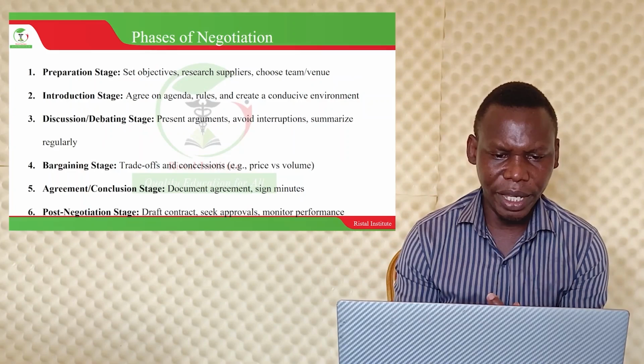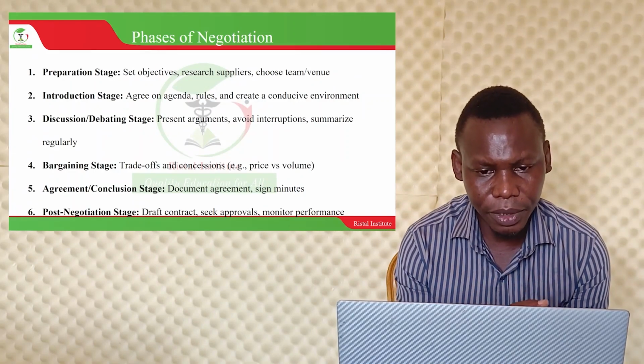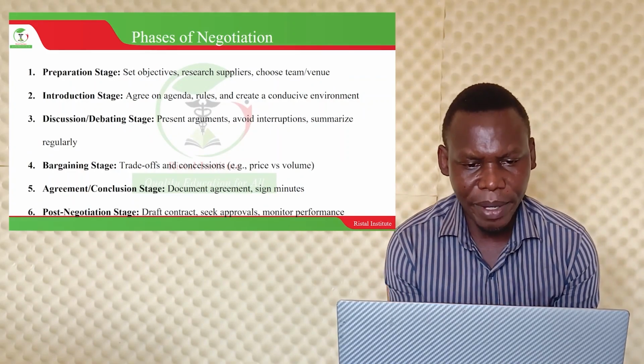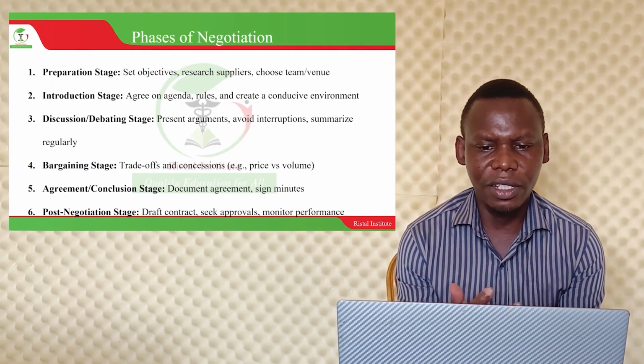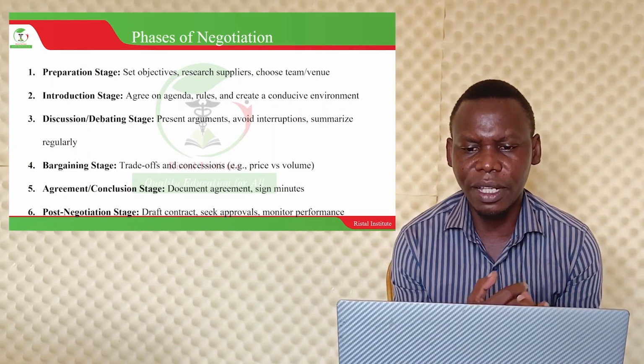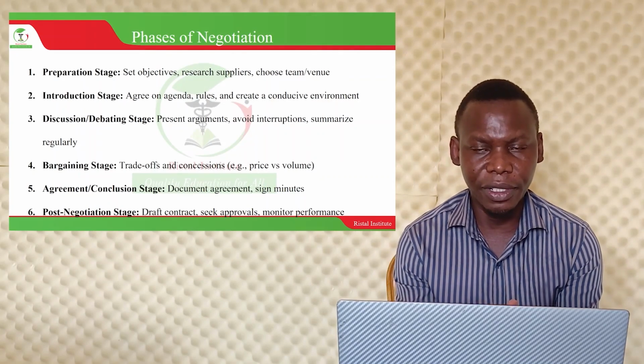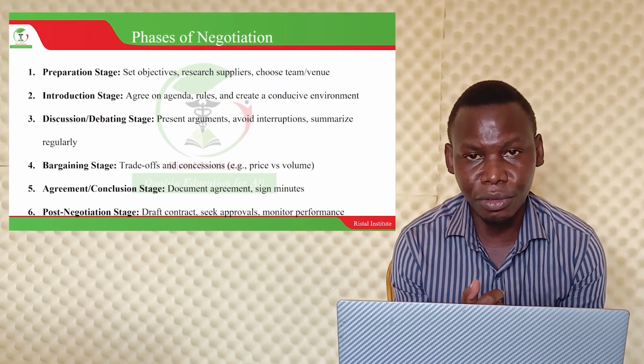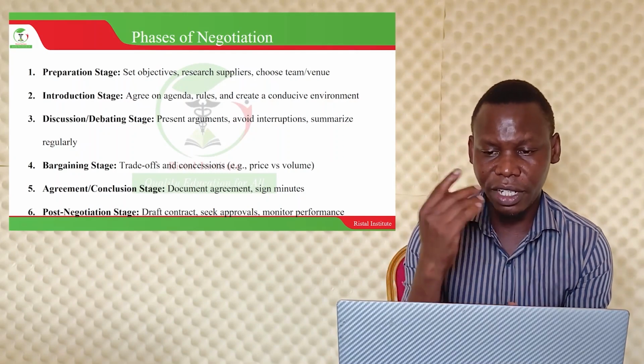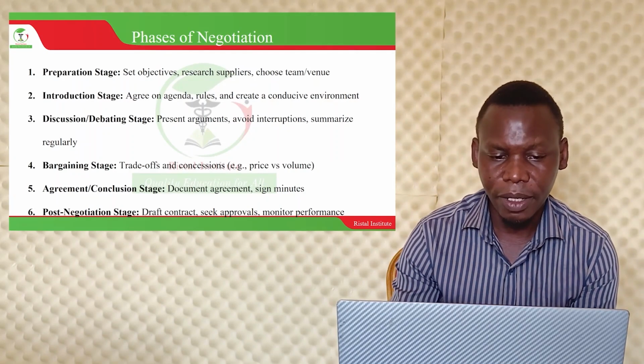Phases of negotiation. This one I'll be very quick because they are more to the circle. Of course, we have the preparation stage where you set your objectives and research on the supplier. I've mentioned this. You choose the team and the venue, that is where the team is going for the negotiation, then the venue where the negotiation will take place.